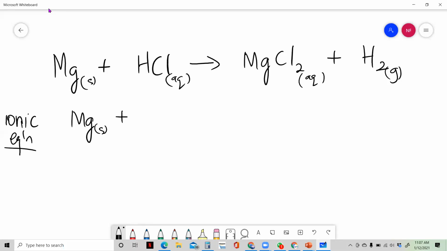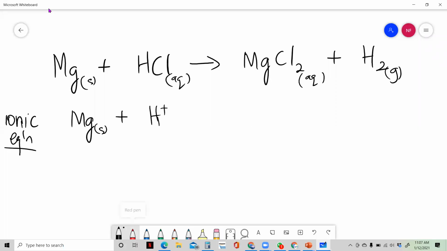And then I'm going to split my acid. Oh, by the way, what is it that I forgot to do before I move on? Before I get to the ionic equation, there's something I forgot to do in the first line. And I always tell you girls, ensure you balance.